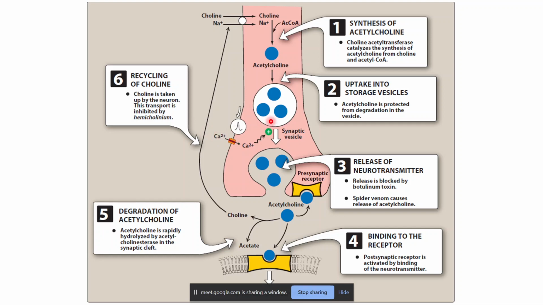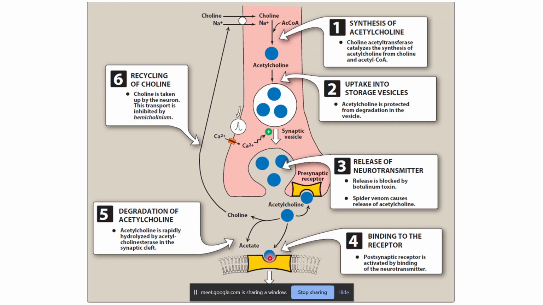the release is activated by the inward calcium, then the release will make the acetylcholine go into the synaptic cleft, and then the neurotransmitter acetylcholine can act on the presynaptic receptor or postsynaptic receptors, and this stage is mostly blocked by the cholinergic antagonists.